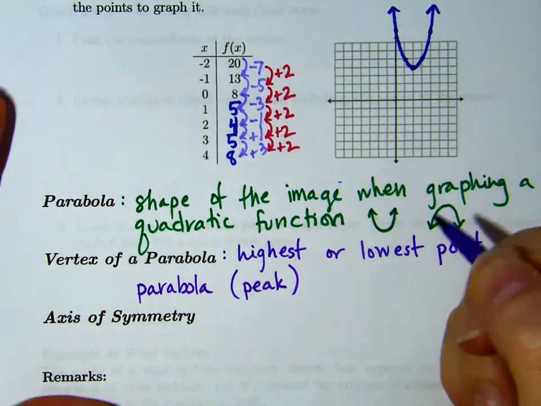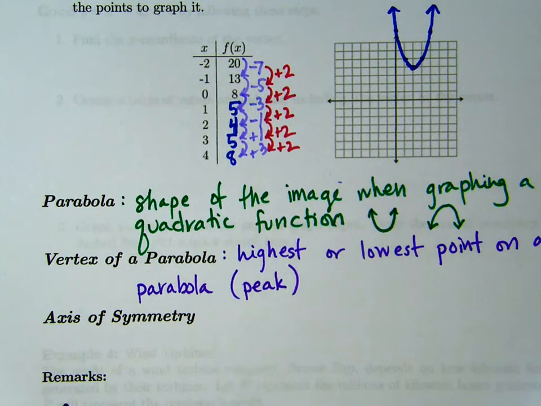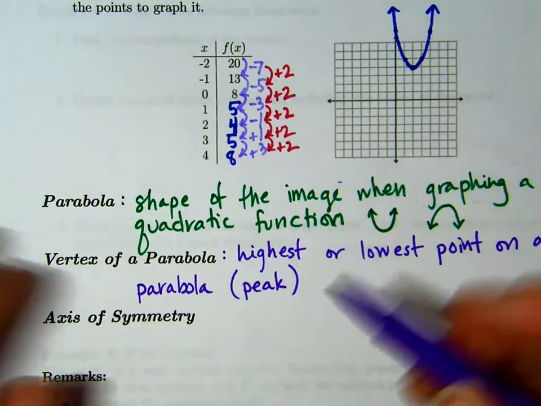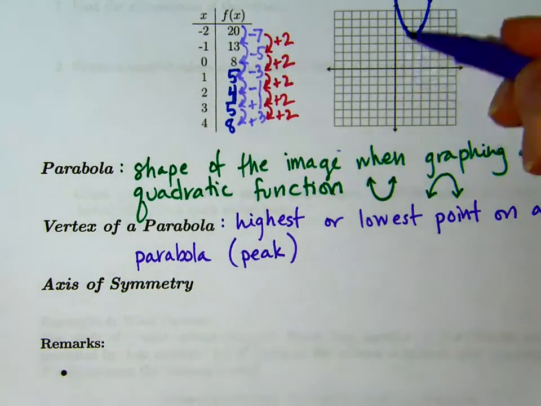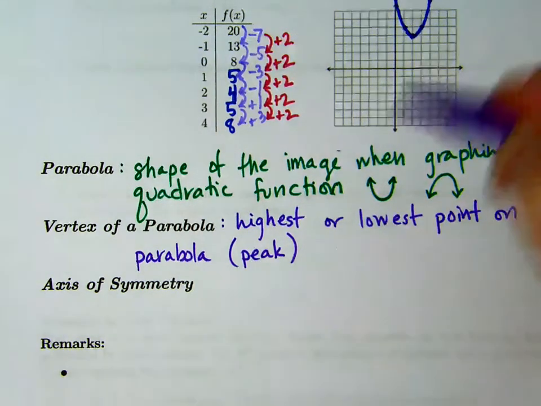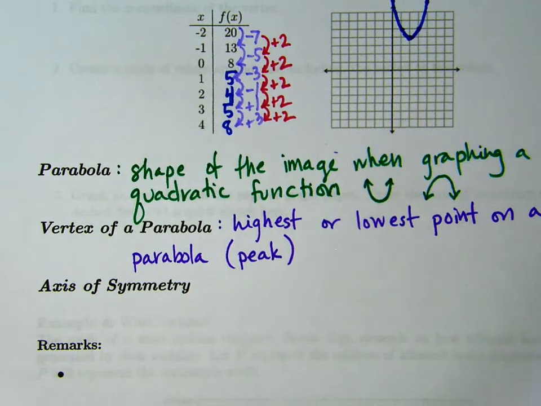Oh boy. Another notification. The peak, if you will. And then the axis of symmetry. So as we are graphing these, we see that they're mirror images. It goes right through this peak or this valley, the lowest point, right?